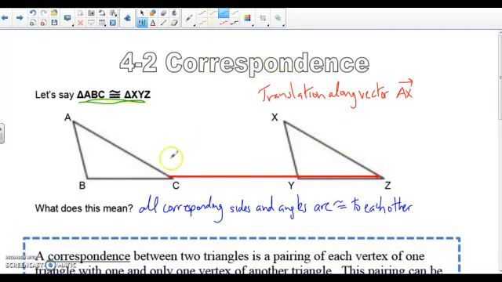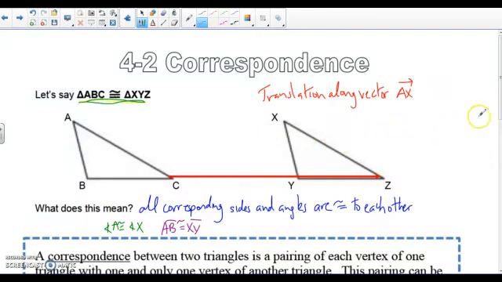So, for example, angle A is congruent to angle X because the triangles are congruent and those angles are a rigid motion from A to X. It means, for example, AB is congruent to side XY, and so on and so forth.